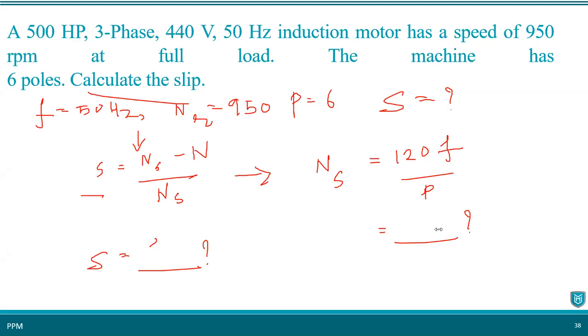Got the answer from Bhavesh. Oh, that's great. Asil Almin has responded. Devakitu has responded. So first of all, I need the answer of Ns, 120 F by P. So Ns is 120 into frequency 50 by number of poles 6.